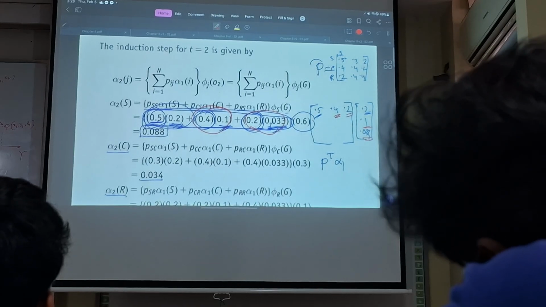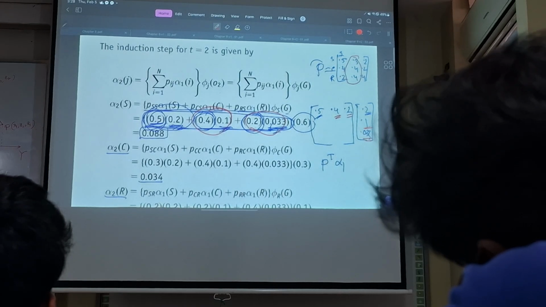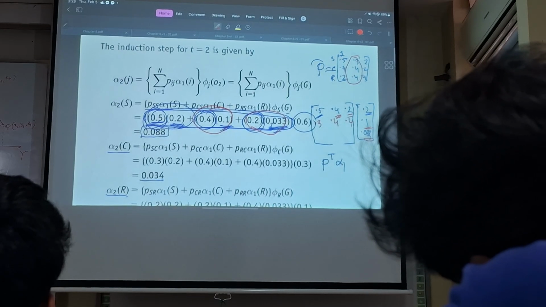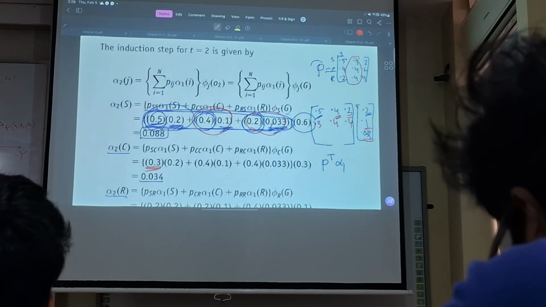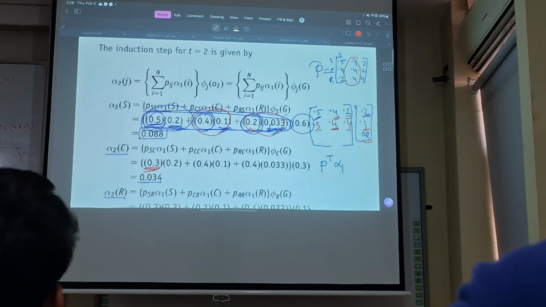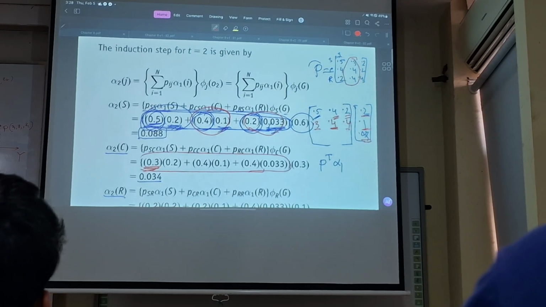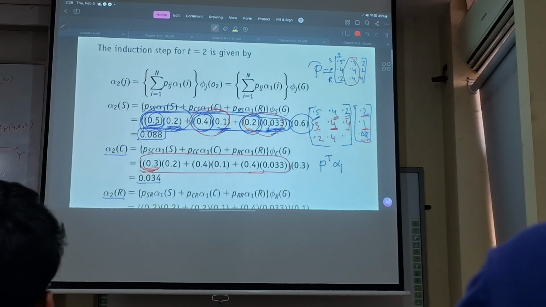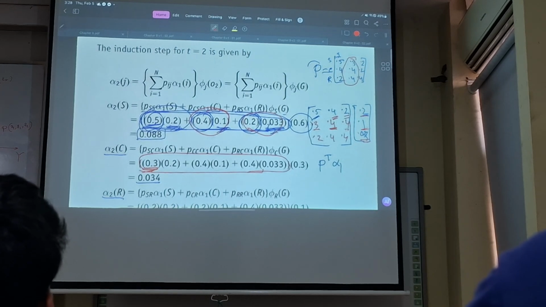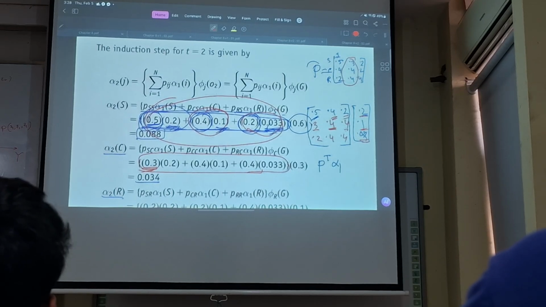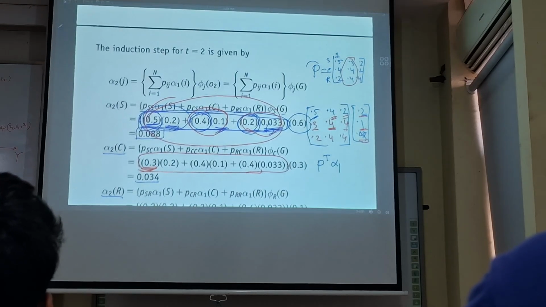And when you have this one here, 0.3, 0.4, 0.4, then you see 0.3 will be multiplied by 0.2, this one, 0.4 will be 0.1. Right? This part is already a vector.